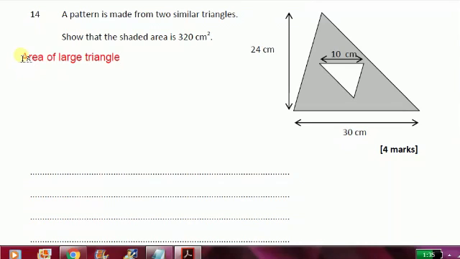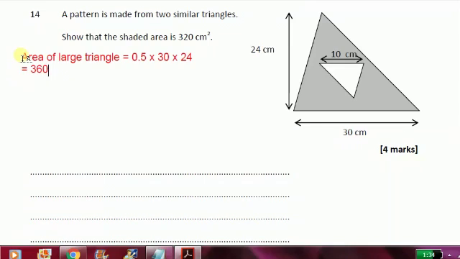It is equal to a half, I think I'll write 0.5, it's neater with the computer, times the base, which is 30, times the height, which is 24. And if you work that out, it comes to 360 square centimeters.